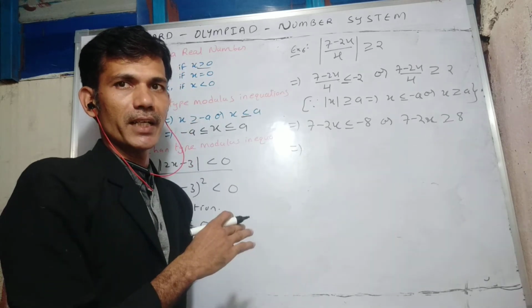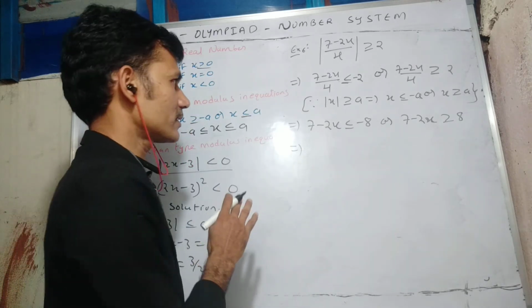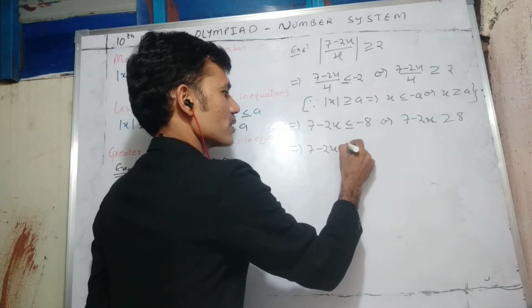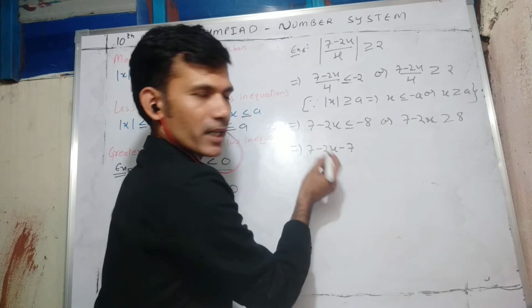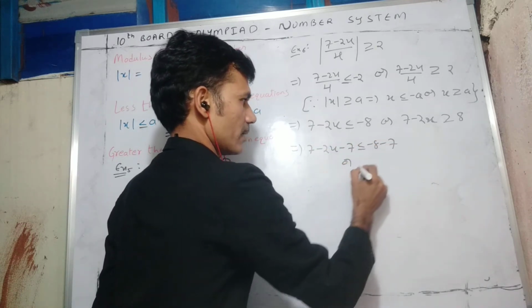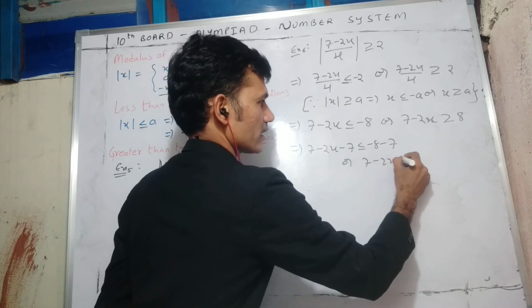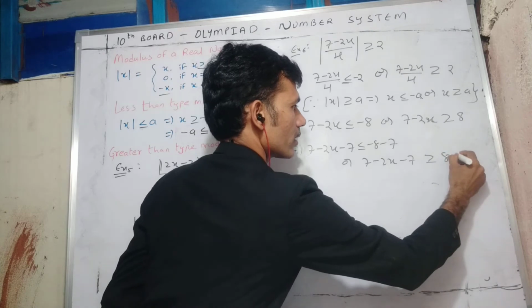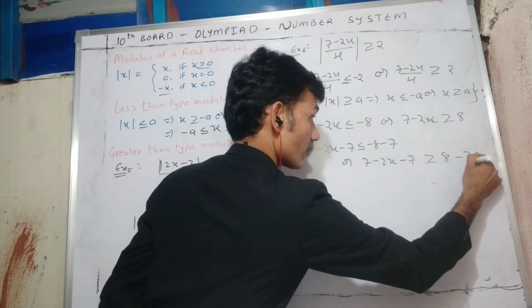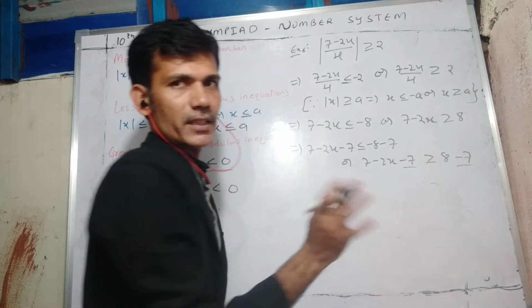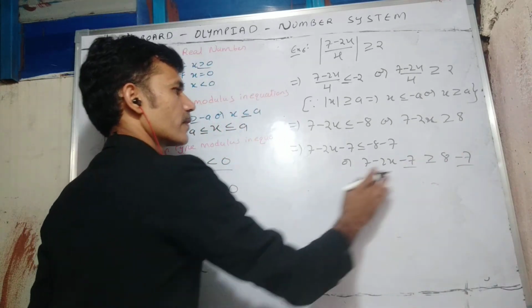You have to add -7 or subtract 7, anything, both are same. If you add -7 on both sides, no problem. The sign will remain the same.